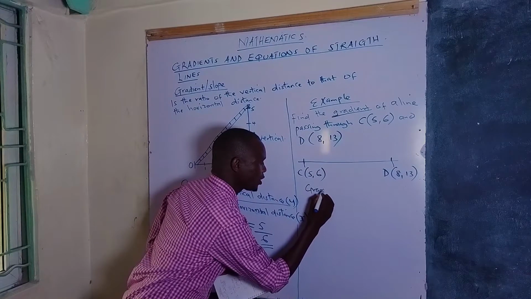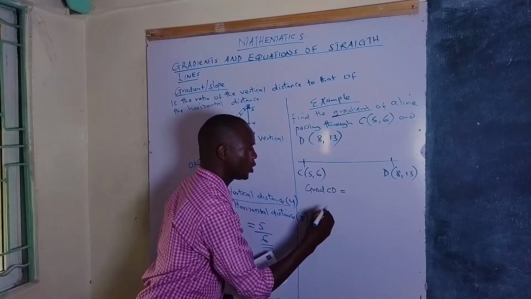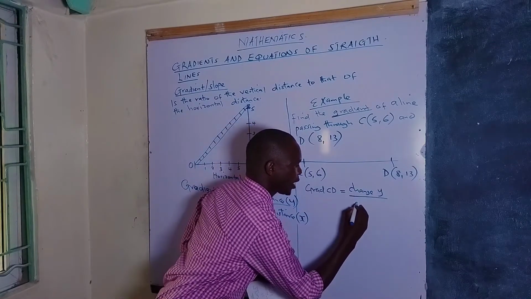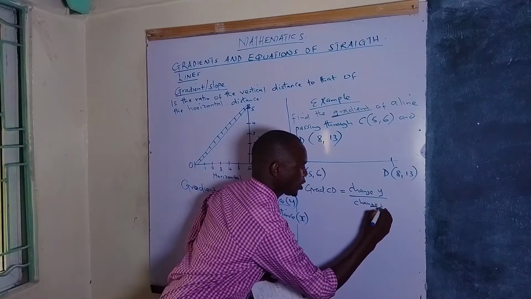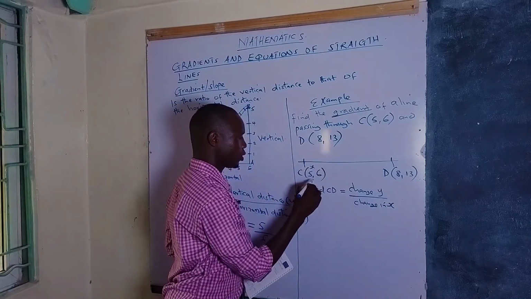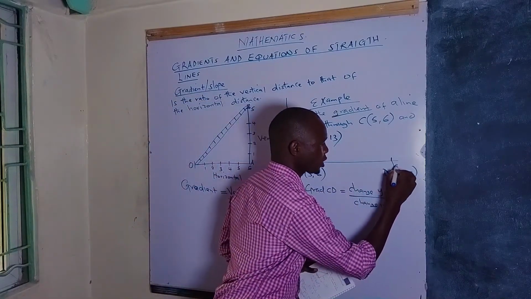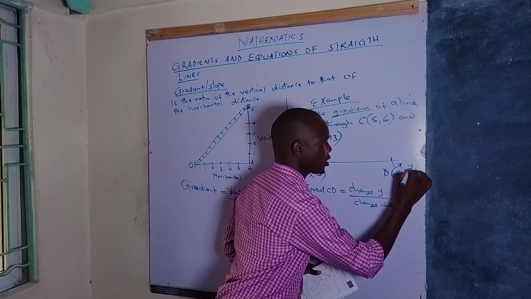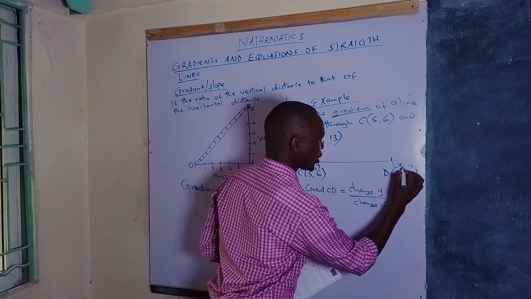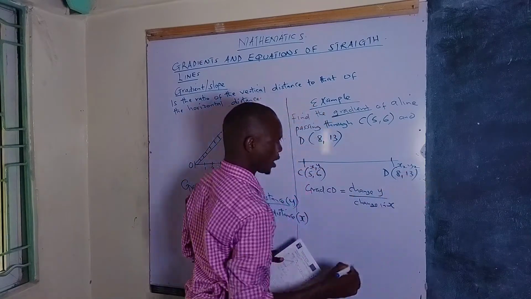The gradient of this line, that is gradient CD, will be equal to change in Y divided by the change in X. That is to say, if this is our X coordinate and this is our Y coordinate, this is also in point D, this is our X and this is our Y, we can call this one X1, then this one becomes our X2, this is Y1, this one becomes our Y2.